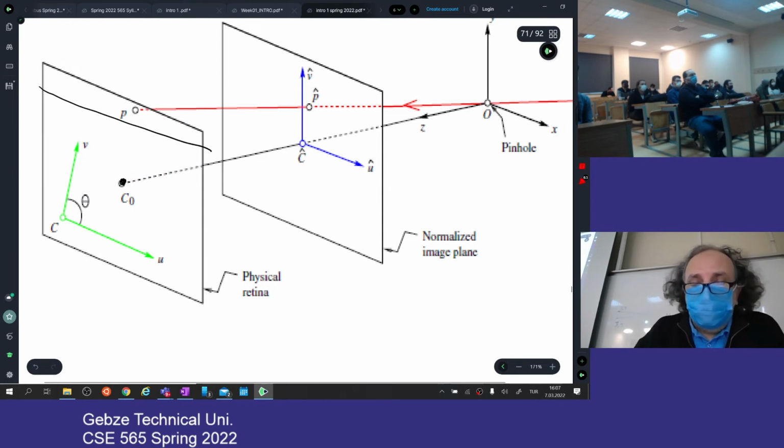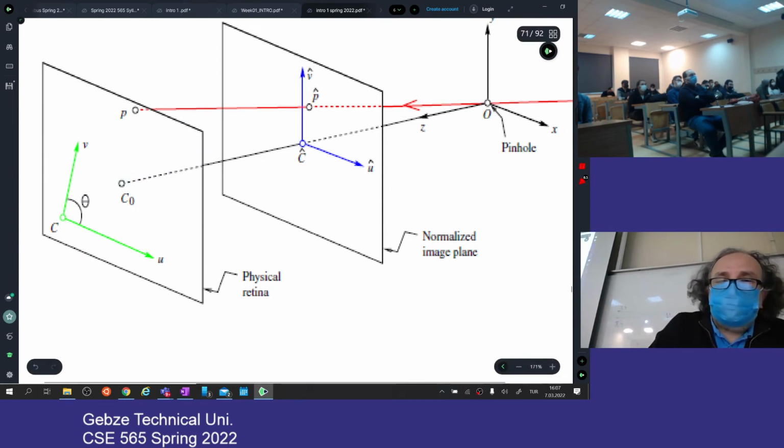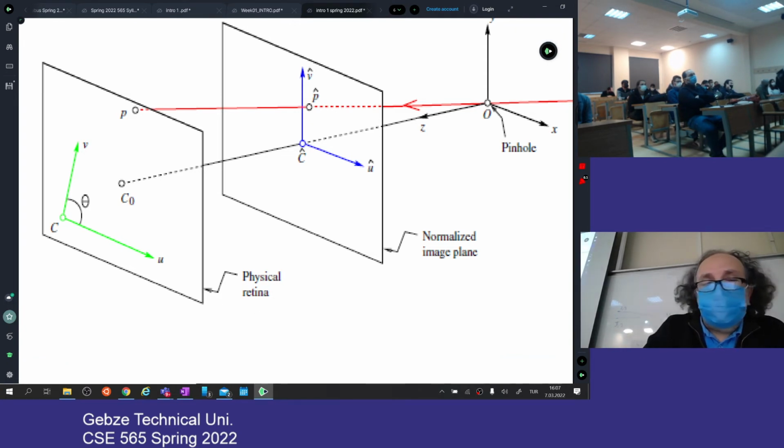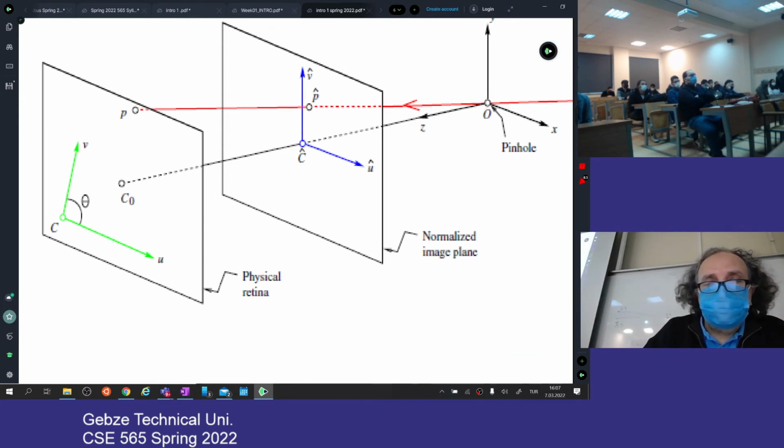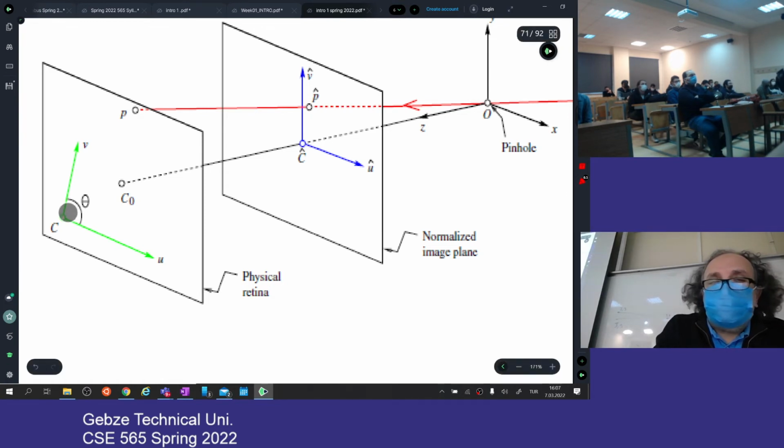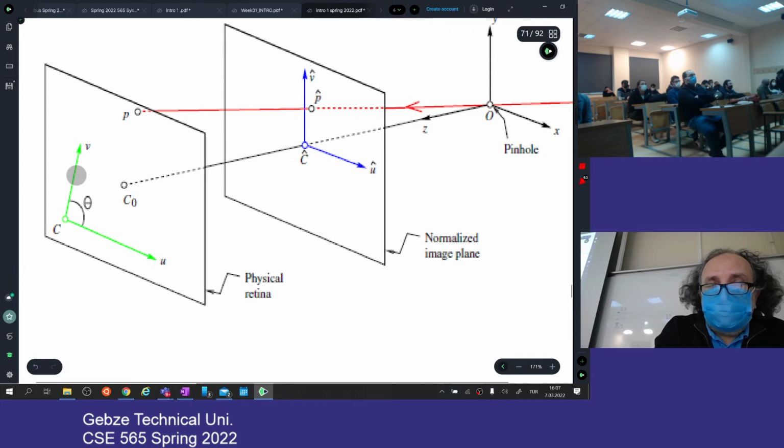Our images come from this physical retina or physical CCD sensor. In that one we have an origin which is different from the origin of our coordinate system. And sometimes we don't have a perfect 90 degrees between this axis and this axis.